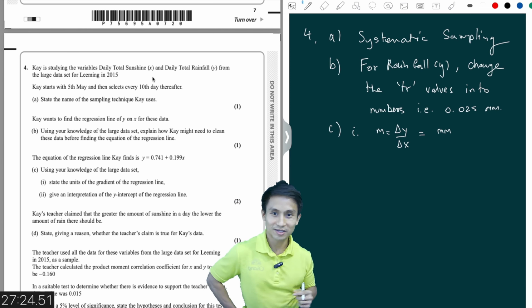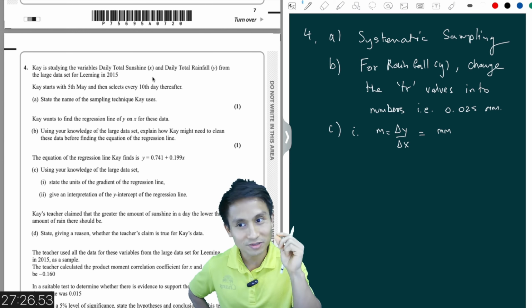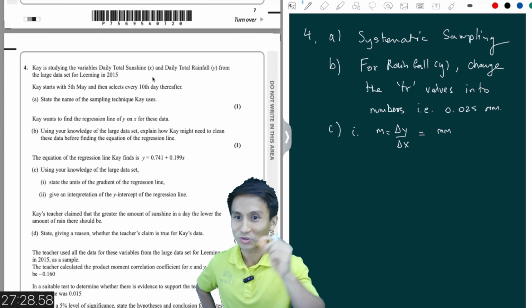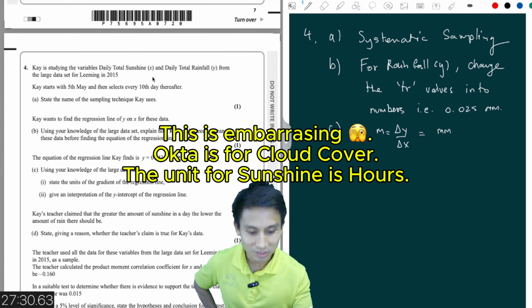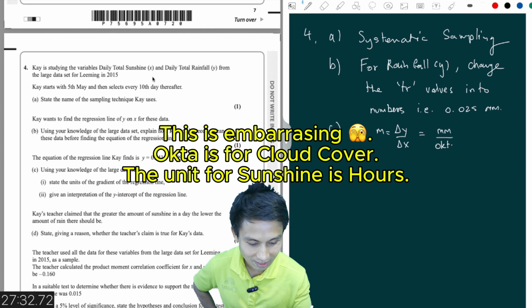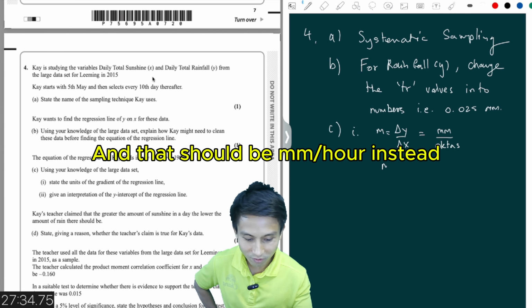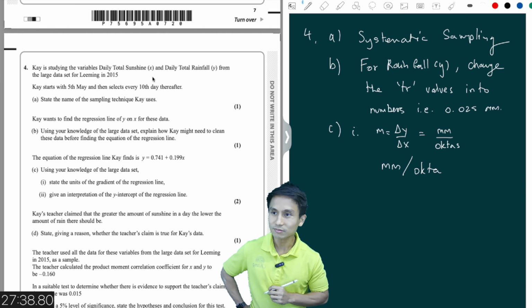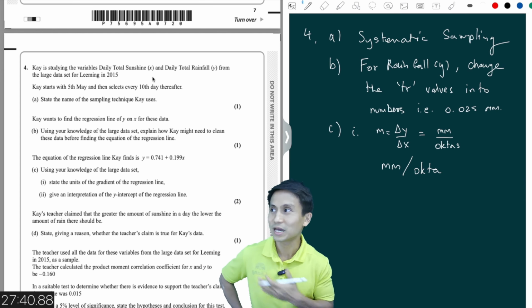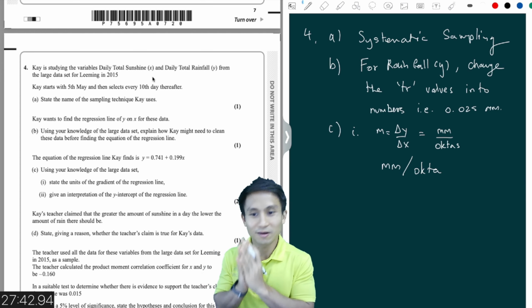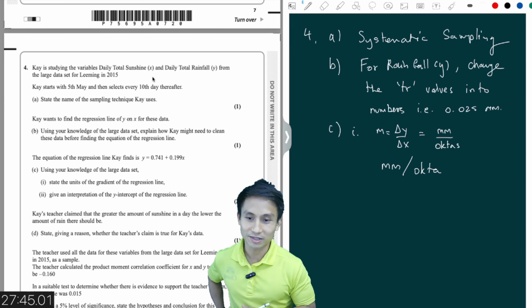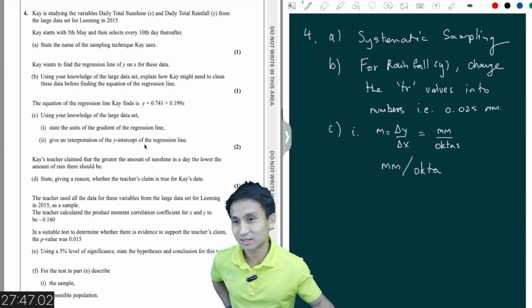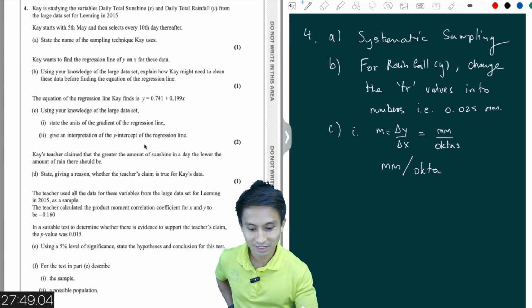So you need to know that the rainfall is in millimeters and the total sunshine is in octas. So it's millimeters per octa, like that. You need to know the units of all the quantities in the LDS.